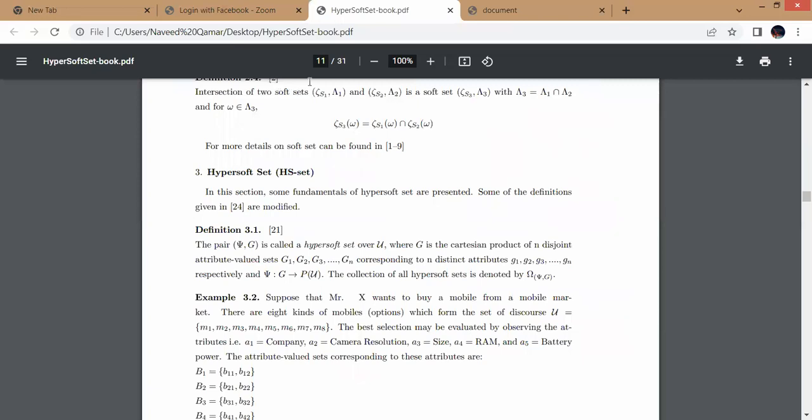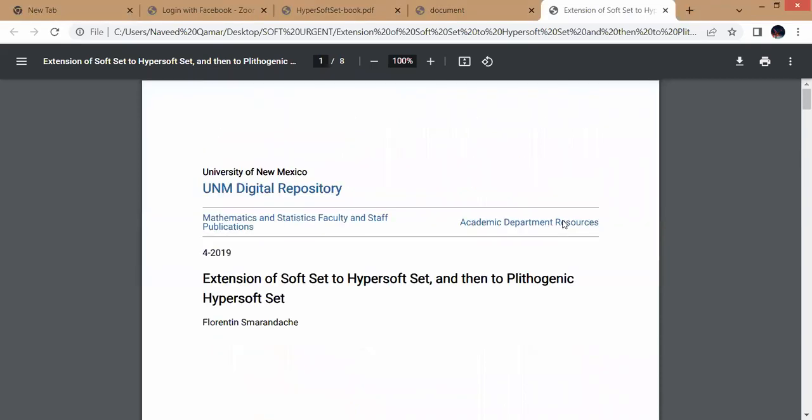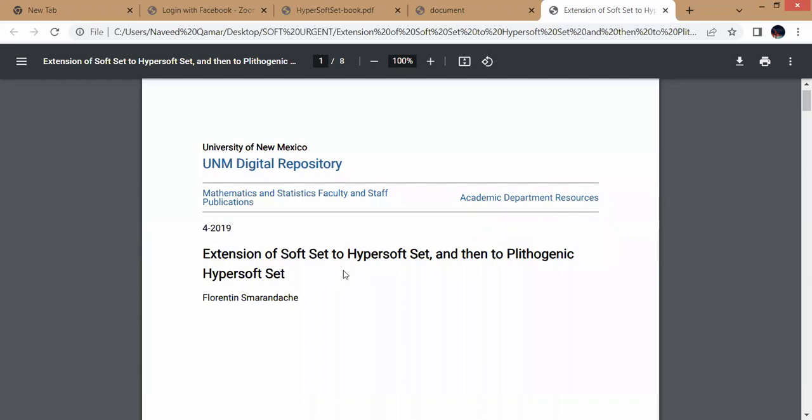If you search for this definition, this is the paper where you can see the extension of soft set to hypersoft set and then to plithogenic hypersoft set.